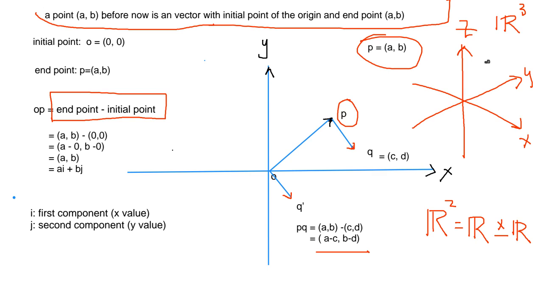I have an X1 value for the X axis, a Y1 value for the Y axis, and a Z1 value for the Z axis. So this is a point, but once I connect it with the origin, it becomes a vector. Then I put an arrow on it, and by convention, usually we let the vector start from the origin. So the origin is the initial point, and this head is the endpoint.